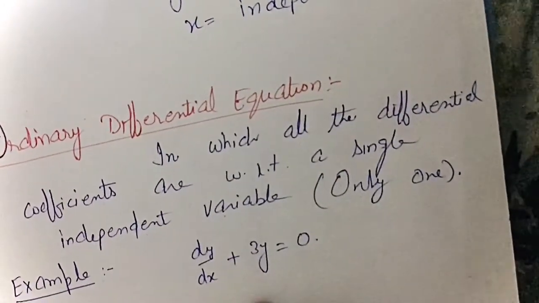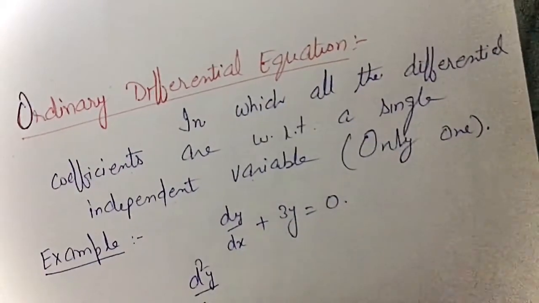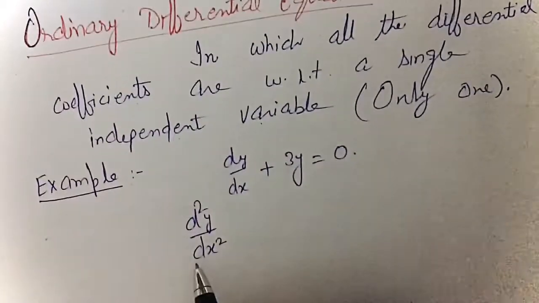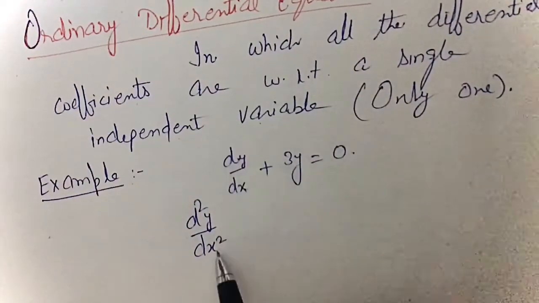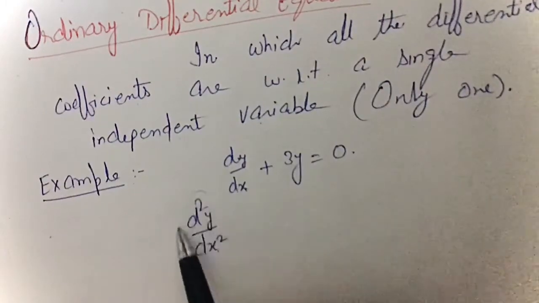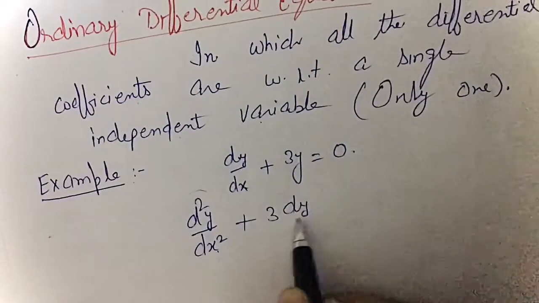For example, here dy upon dx plus 3y is equal to 0. This is called the ordinary differential equation. Or take a second order derivative: we are again differentiating this dy upon dx with respect to x. It is called the second order derivative, plus 3 into the first order derivative.